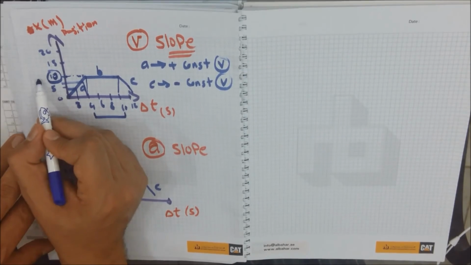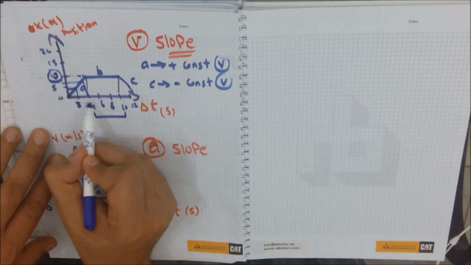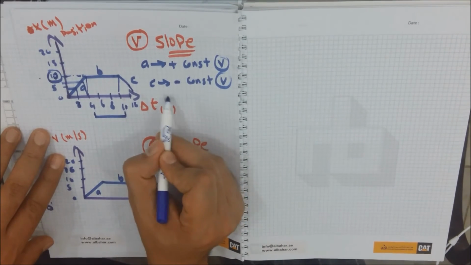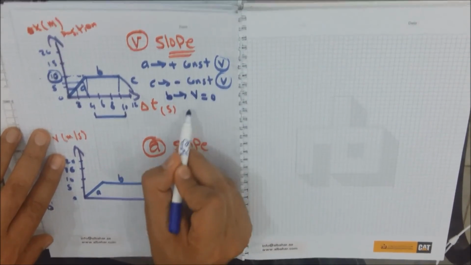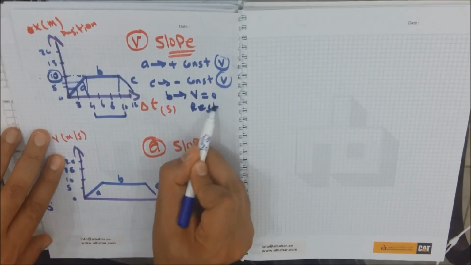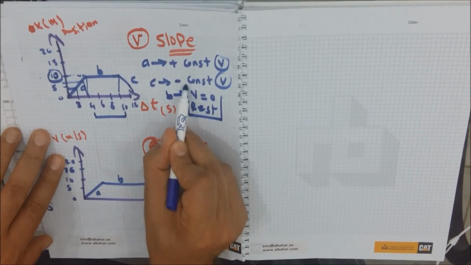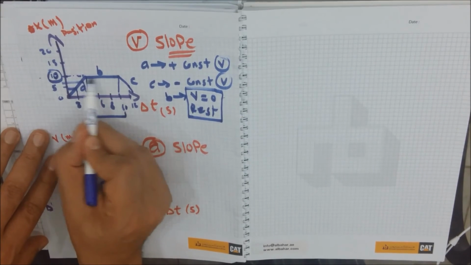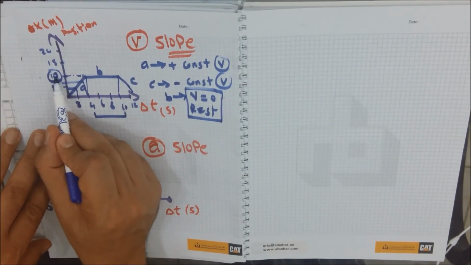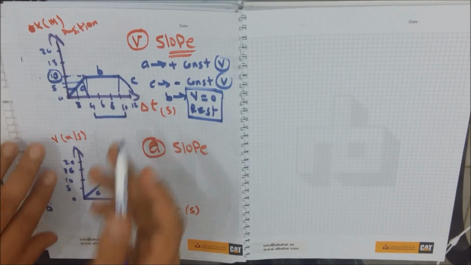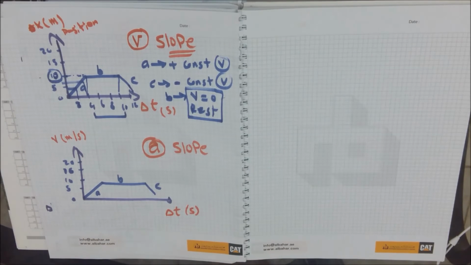I mean, the position of the car didn't change, but the time is passing, which means that the line B represents zero velocity, or the car was at rest. This is the meaning of a horizontal line on a position time graph. The position is the same, the time is moving, which means that the car stopped basically from 4 seconds to 10 seconds.